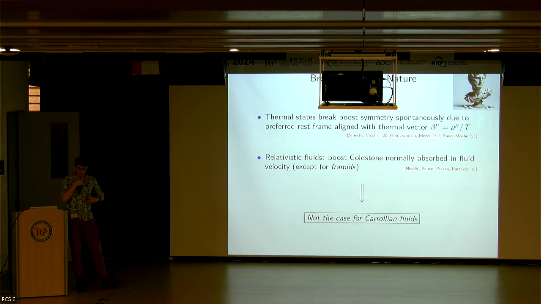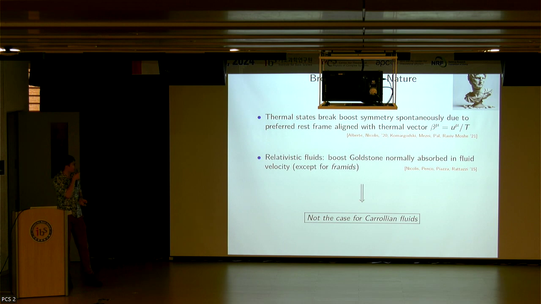Now, in very general terms, if you have a thermal state, which essentially means that you have a thermal vector of this form, very much like the Killing vector we saw previously, then you cannot get around the fact that boosts are spontaneously broken, as pointed out by these gentlemen, for example, and so sort of well-known folklore.